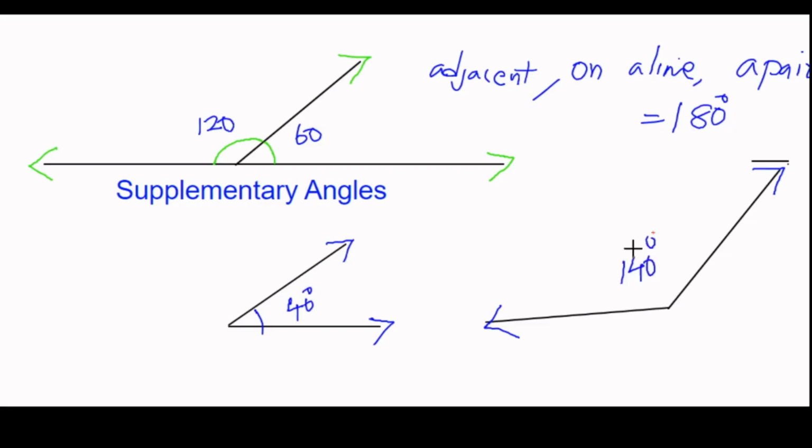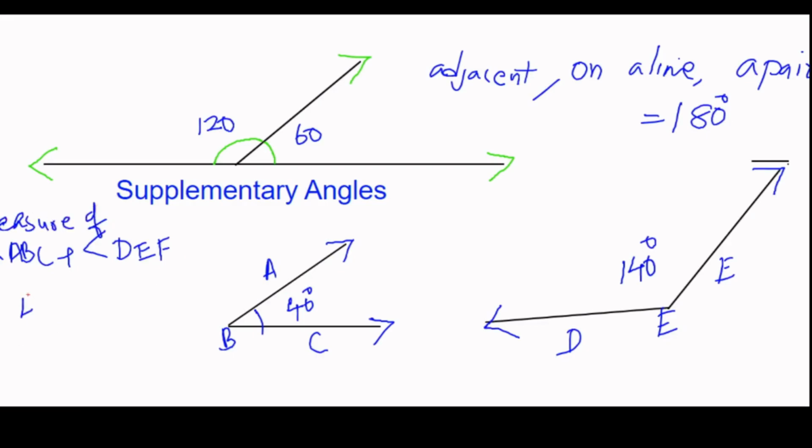Suppose this is 40 degrees and the other angle is equal to 140 degrees, and we know that these two angles, if I name the angles A, B, C like before, and here it is D, E, F. Now if we measure angle ABC plus angle DEF and total, we know it will be 40 degrees plus 140 degrees. So naturally the sum of those two angles will be equal to 180 degrees.